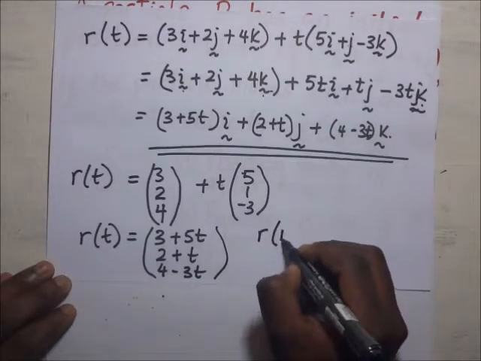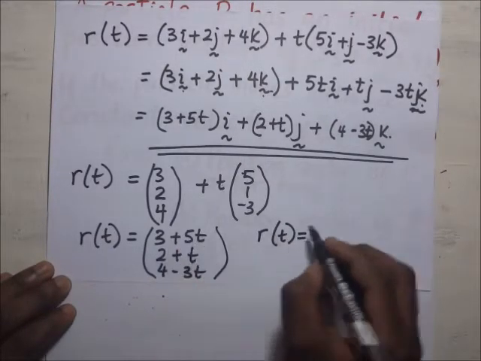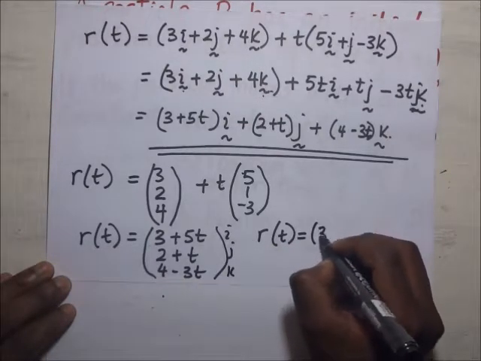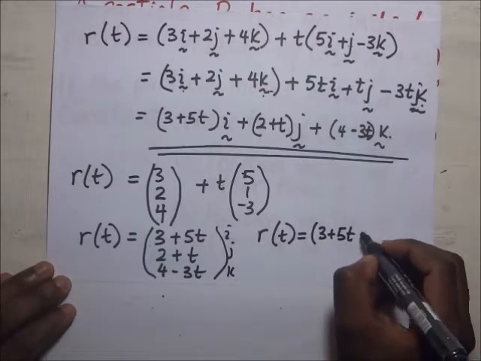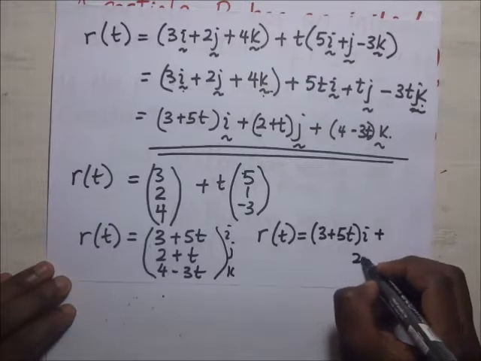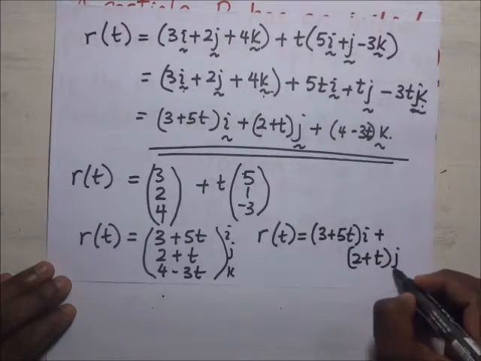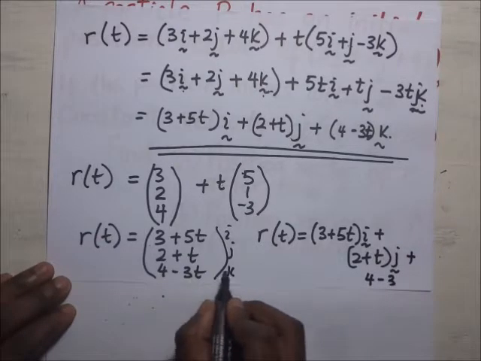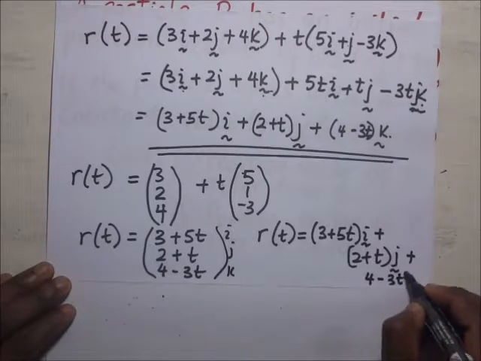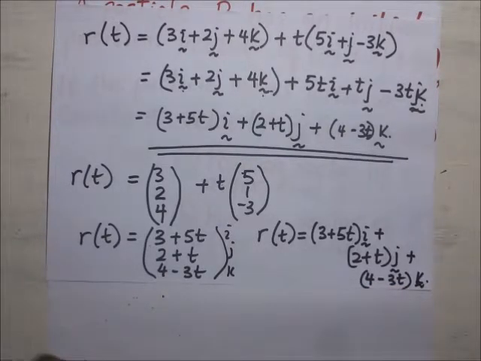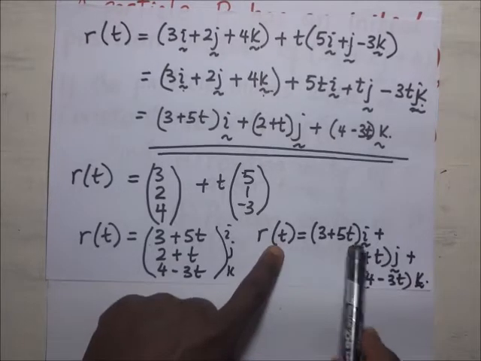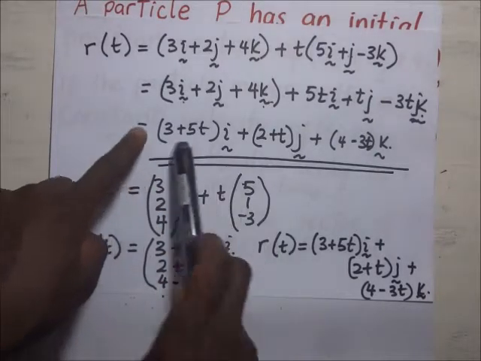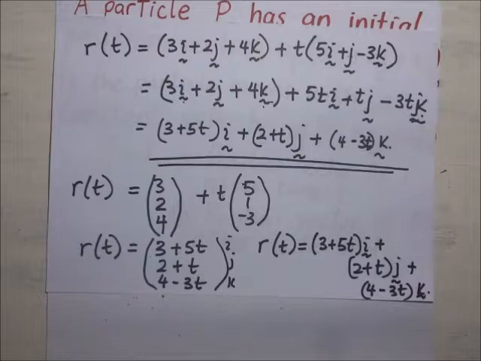So still r of t is going to be equal to 3 plus 5t i, plus 2 plus t j, plus 4 minus 3t k. So you still find yourself ending up with the same expression as here. So that is the position vector of P. This is the expression for the position vector of P after a certain time t.